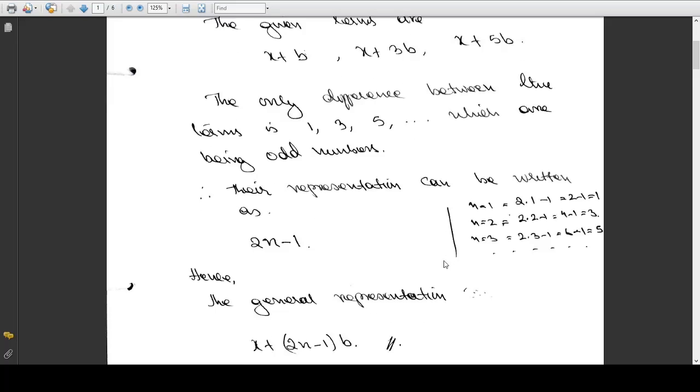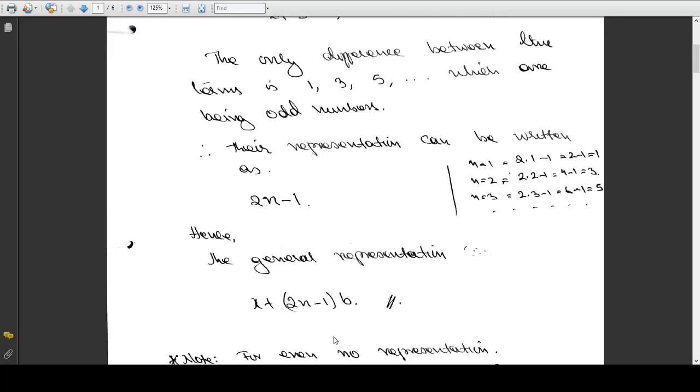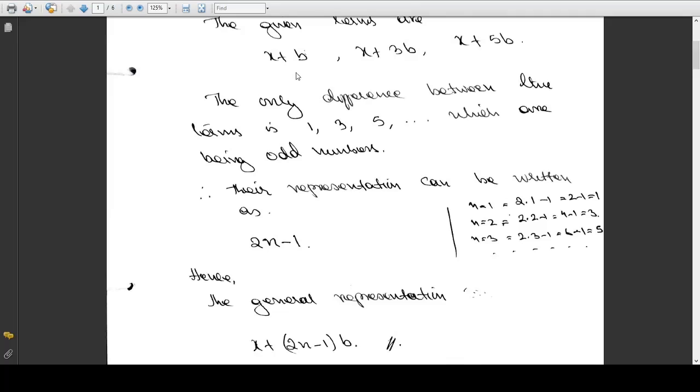Okay, hence the general representation will be: x is the same, b is the same. The difference is only in the coefficient of b. This means x plus, instead of the coefficient of b, you will write 2n minus 1 times b. If you put n equal to 1, you will get the first term as x plus b.